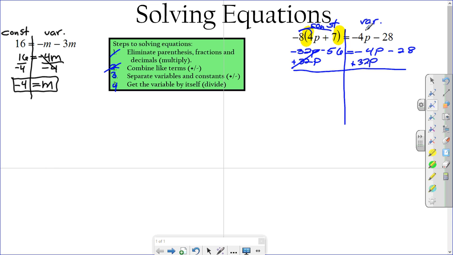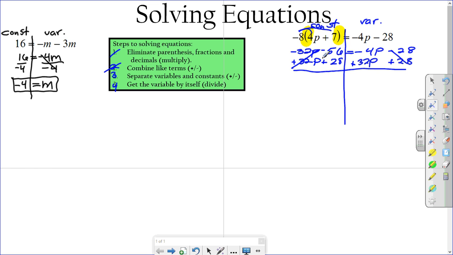Now this is a constant, that's a number only. Variable means letters. I want all three of them to have a letter. Who doesn't have a letter is 28. So I'm going to do plus 28 to get rid of it. Plus 28, that guarantees that the 28 will disappear. And then when you do it to one side, you must do it to the other side. Now, what I have is negative 56 plus 28.